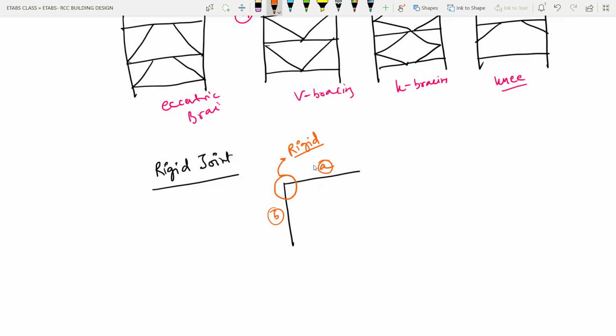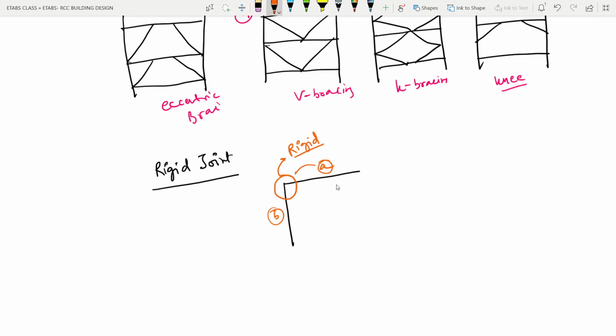Suppose this force should be transmitted to the vertical member through this joint. If it can do so, then this particular joint is called a rigid joint.